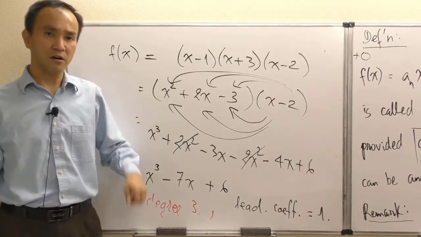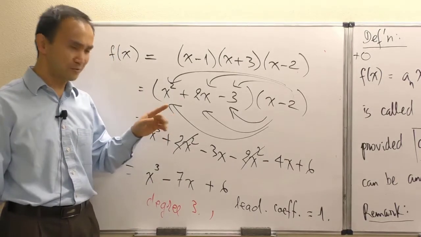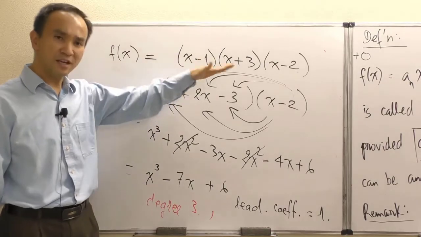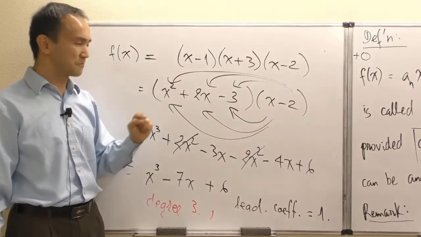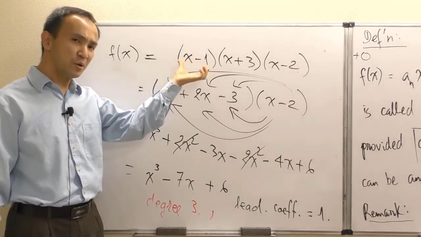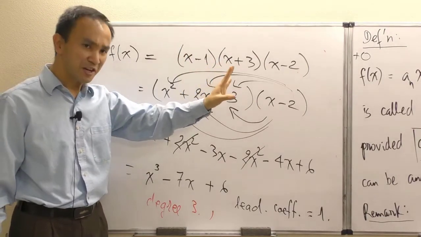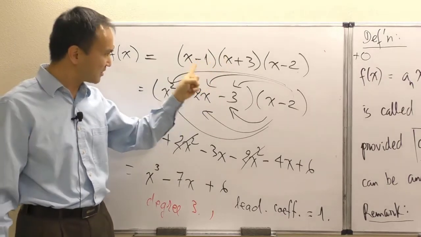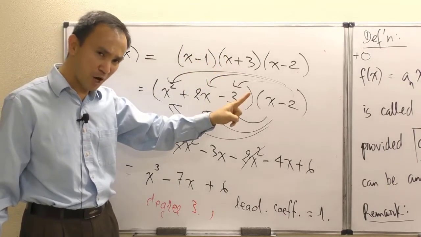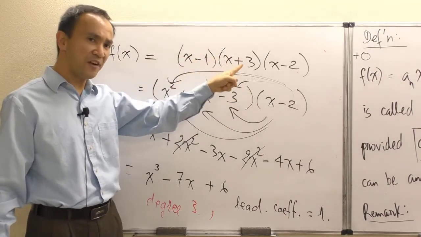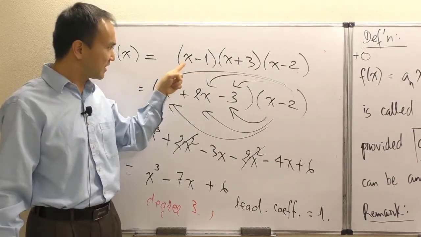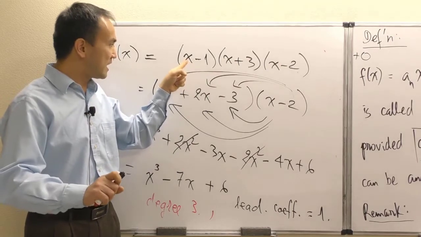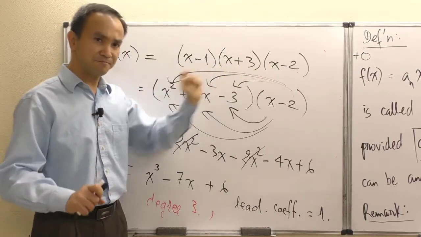All right, so the good news here is, nope, we don't have to. So let me point that out right here. We can completely bypass all of this foiling work. Just think about the following. It's now just experience, really. I don't want to make it too formal of a lesson, but anytime we're given a polynomial that's already in factor form like this, you simply need to multiply the x here, the x there, and the x there.